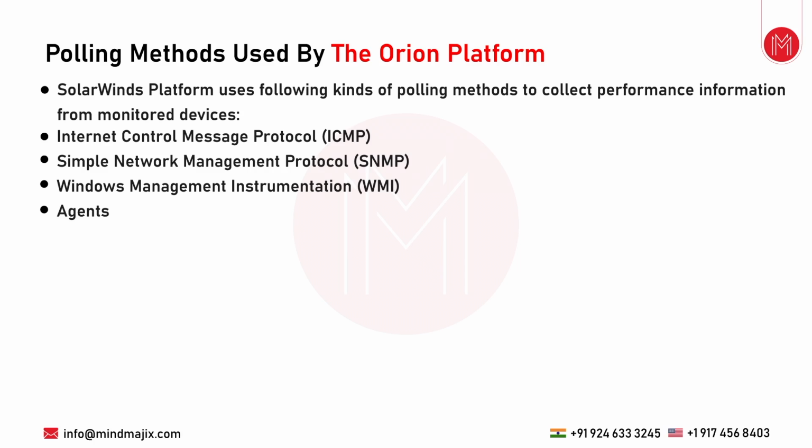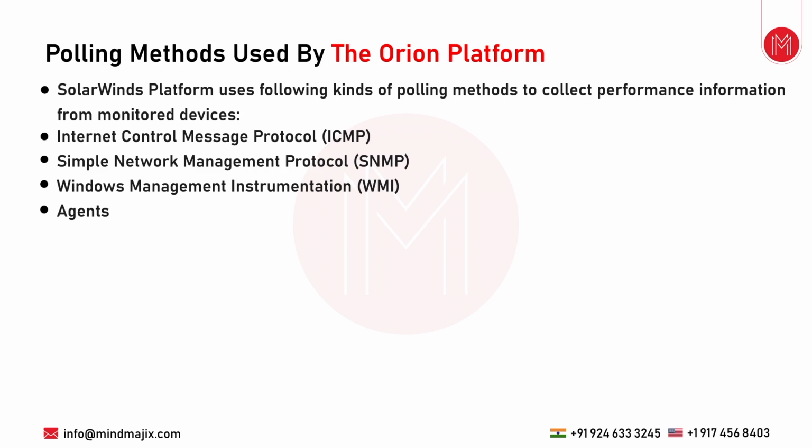So majorly for Unix and network devices, we will be using SNMP. And for Windows servers, we'll be using WMI, Windows Management Instrumentation. And for any server or networking device, if we only want the response time or the availability of that particular device irrespective of the performance, then we'll be using ICMP.